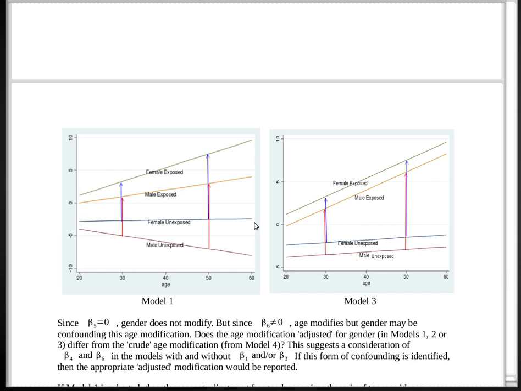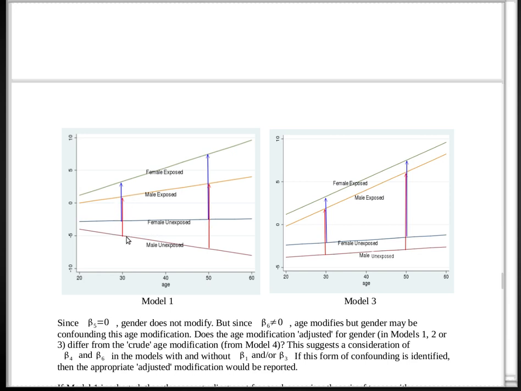For example, we can see that the capturing of age modification here, say between the 30-year-old males and the 50-year-old males, is the same as that we would have seen had we considered the 30-year-old females compared with the 50-year-old females.